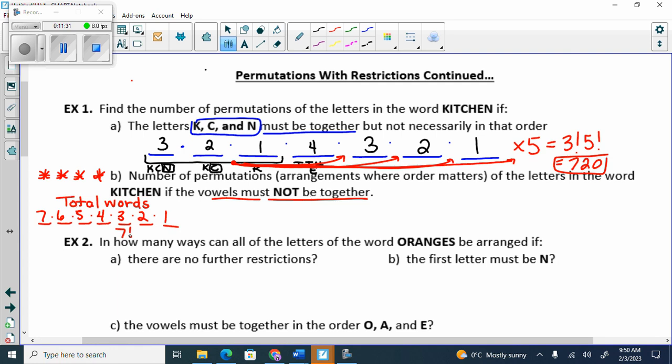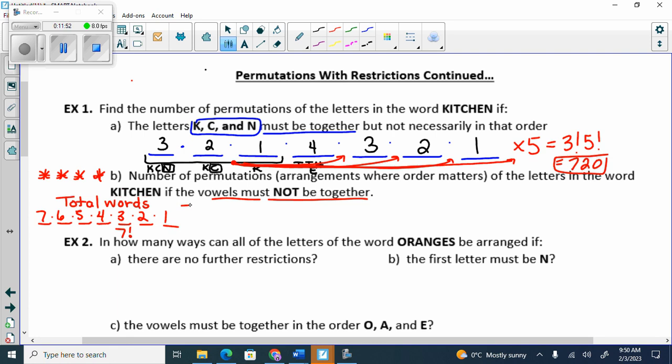correct? So what do I have to subtract here? I take total words and I subtract what? The ways the vowels can be together. So if I take the total and I subtract all the words where the vowels are together, what's left over? The vowels that aren't together. That's it.